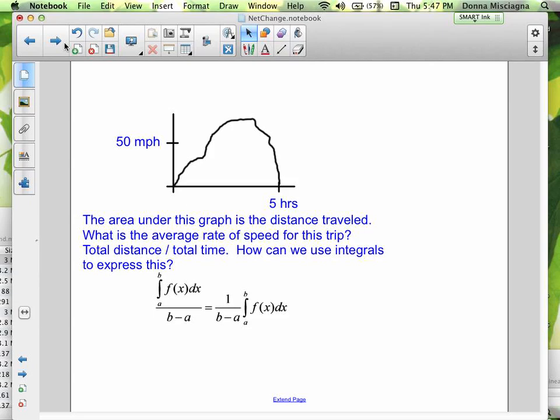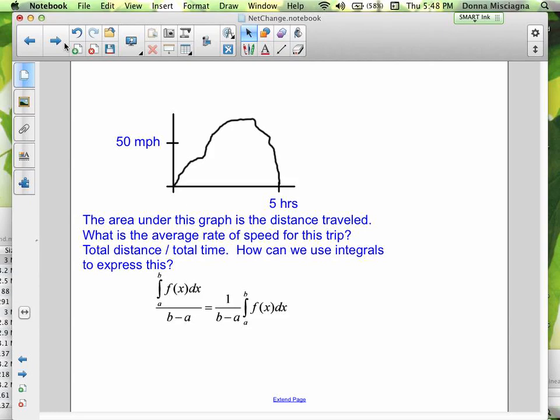I don't know how many more questions there are on this. I'm going to go over this again in another lesson, but it comes up in one of these FRQs. So the area under this graph is the distance traveled. What's the average rate of speed for this trip? If we take the total distance divided by the total time, we get the average. How can we use integrals to express this? The total is the integral evaluated from a to b.